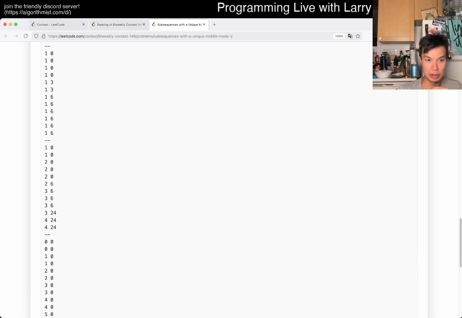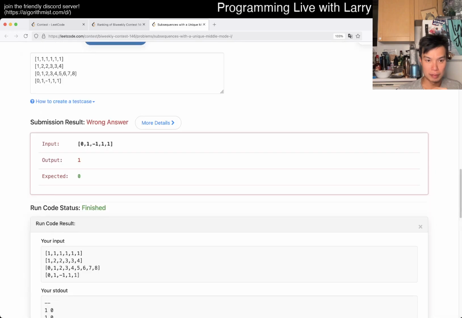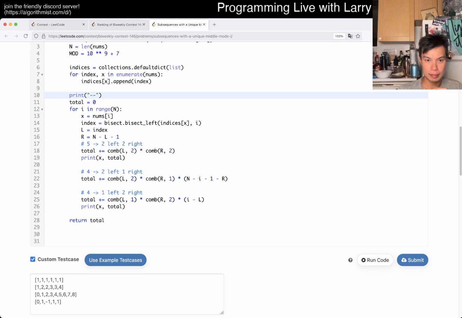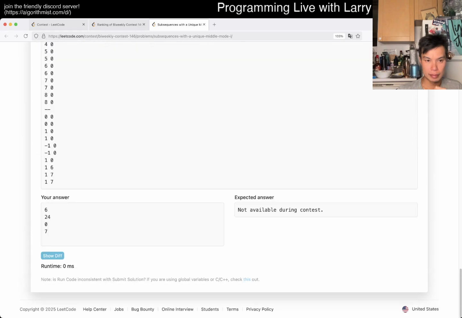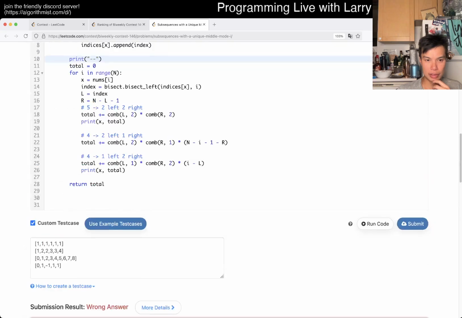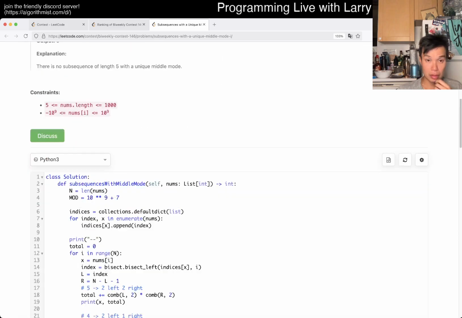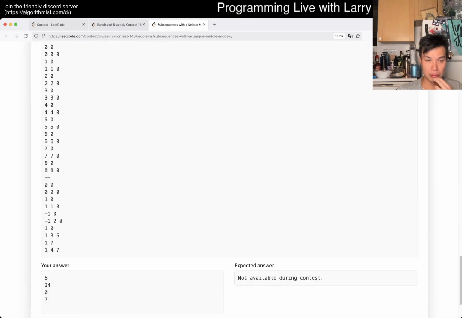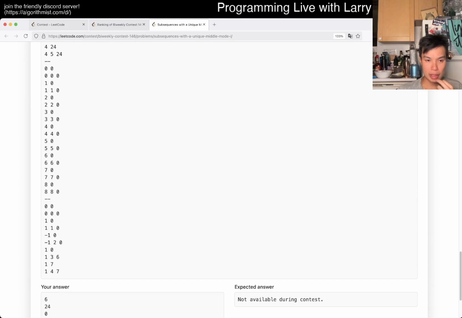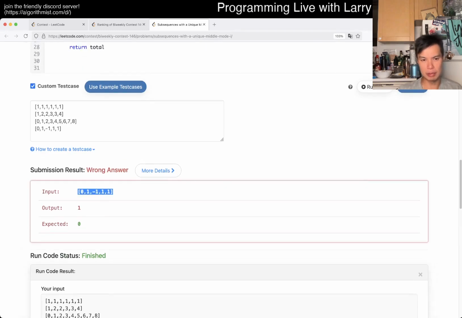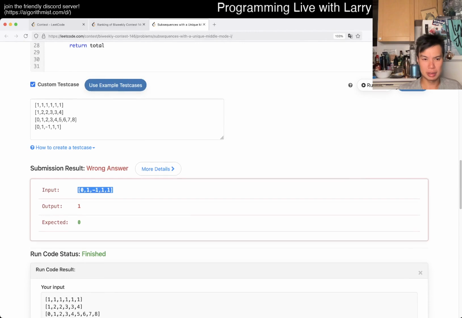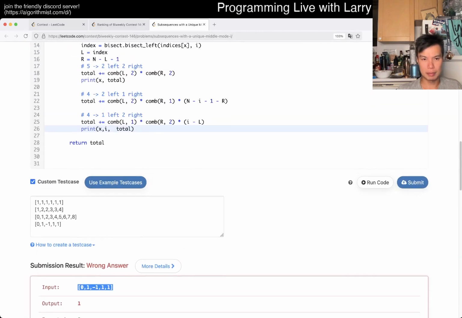Okay, so it's the 4s that are... so at index 3, so 1, 2, 3, so this one, it wants 1 number to the left and then R to the right, right?